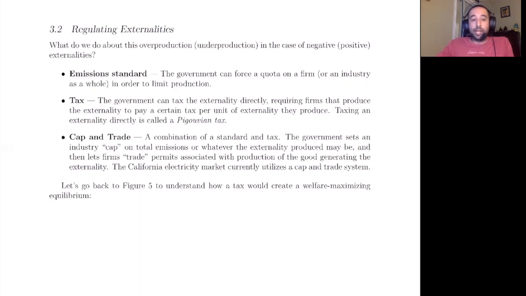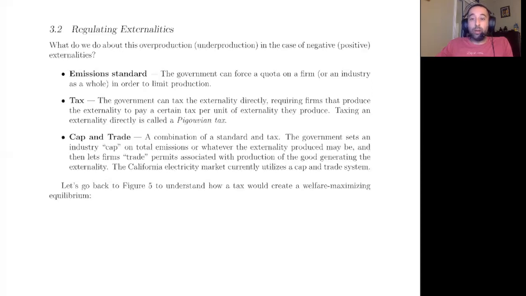Okay. The second is a tax, or in the case of a subsidy, sort of a reverse tax. And so the government can tax the externality directly. For example, we can tax every gallon of gasoline that's put into a car. We can tax every unit of paper that's made, because paper maybe produces some gunk, like we saw in the last video. Basically, this tax is going to require firms that produce this externality to pay a certain tax per unit.